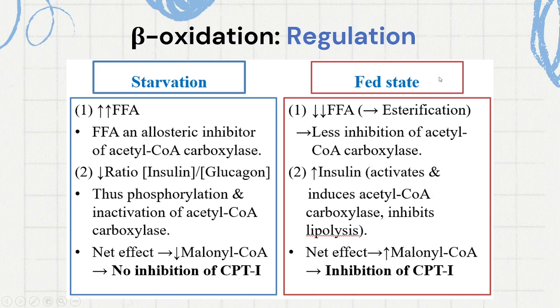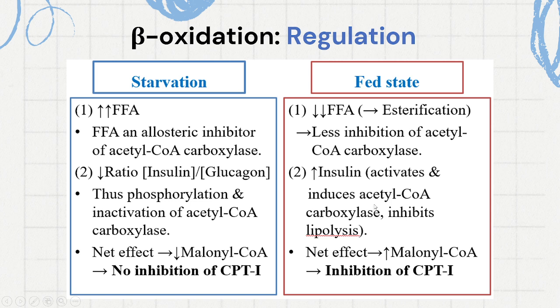On the other hand, in the fed state, there are low levels of circulating free fatty acids, as these free fatty acids will most likely go into esterification. There is less inhibition of acetyl-CoA carboxylase in the fed state, and insulin concentration is high. Insulin activates and induces acetyl-CoA carboxylase. It activates it through a phosphatase, that is covalent modification, and induces the synthesis of the enzyme itself at the genetic level.